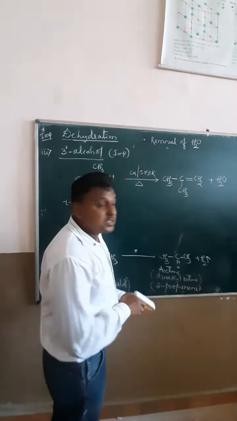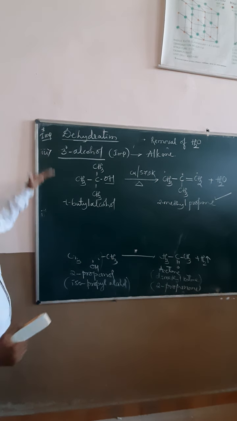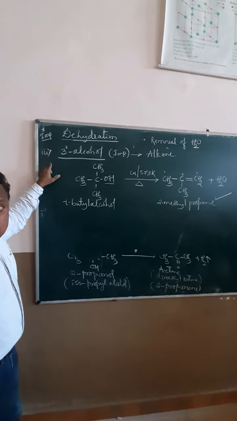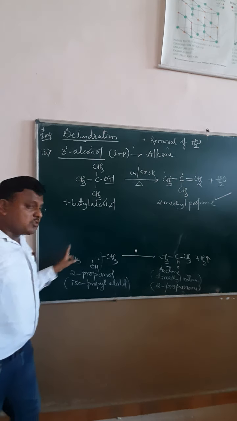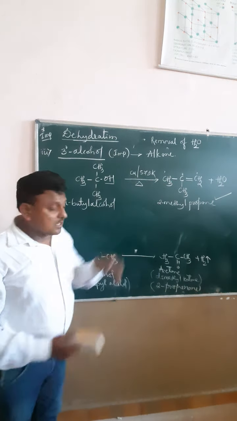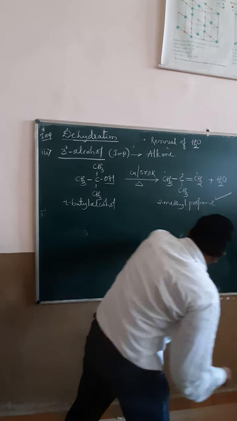In this video, keep in your mind, friends, we have considered three alcohols: primary, secondary, tertiary. Primary gives aldehydes, secondary gives ketone, tertiary gives alkene. This is very, very important.